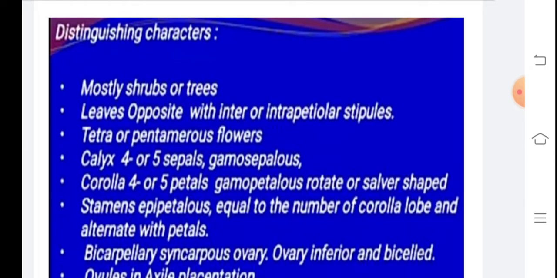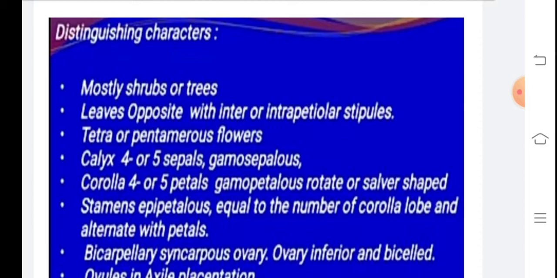So these plants are generally mostly shrubs or trees. Leaves are opposite with interpetiolar stipules. Where is the position of stipule? So it is at the base, in between the petioles, or at the base of the leaf petiole. Then flowers are tetramerous or pentamerous, that is, petals are 4 to 5.